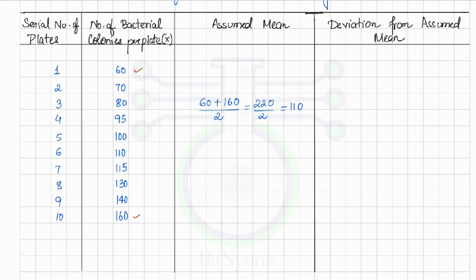So in order to find the deviation from the assumed mean, we need to do x minus a. So now, why don't you pause the video for some time and start calculating, and then we can match the results.